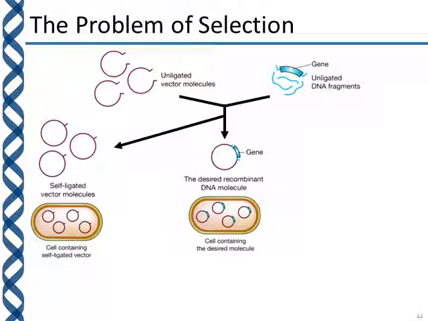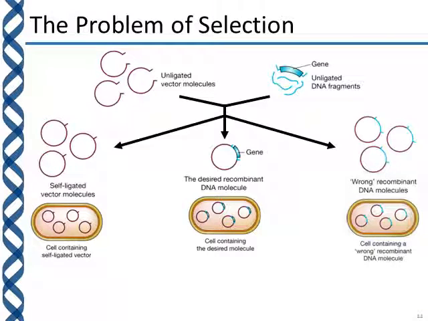Some of these vectors will combine with your gene of interest, and so you will have the desired recombinant DNA molecule. So your bacterial cell will contain the desired DNA molecule. Unfortunately, the vast majority of these vectors will combine with the wrong recombinant DNA molecules.